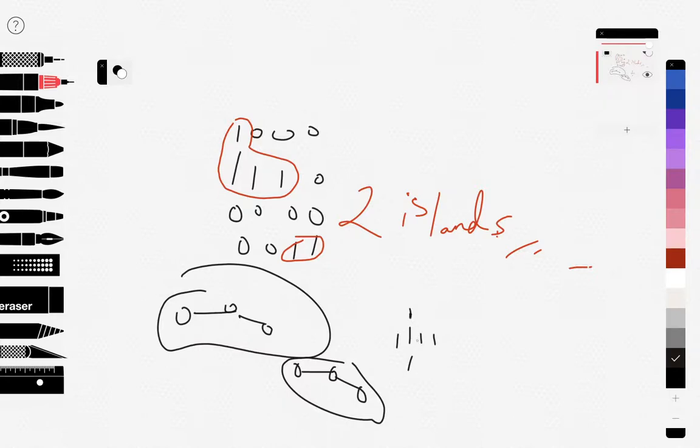This group is totally connected with each other. When we count one thing, let's say we count this one, the other ones are also counted along with that. Therefore, whenever we mark this one as counted, we need to mark all the adjacent ones as counted, and hence the whole component will be counted.